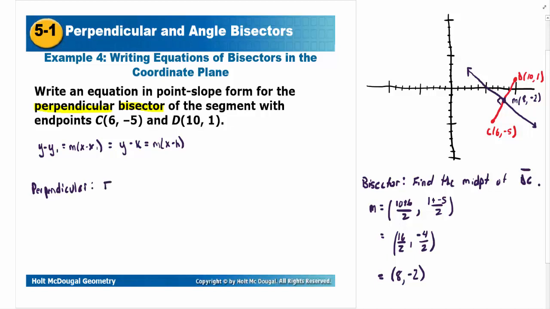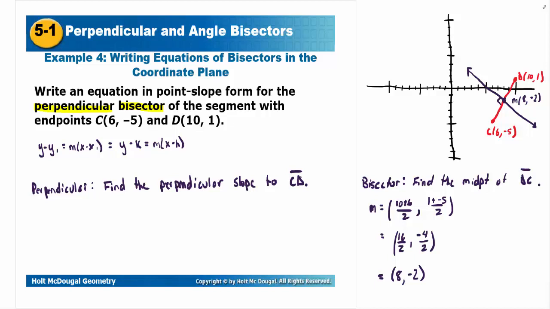I'm going to find the perpendicular slope to segment CD. Again, if I can find the slope of CD, I'm going to find a slope that's perpendicular to that, and that'll be the slope of my line.